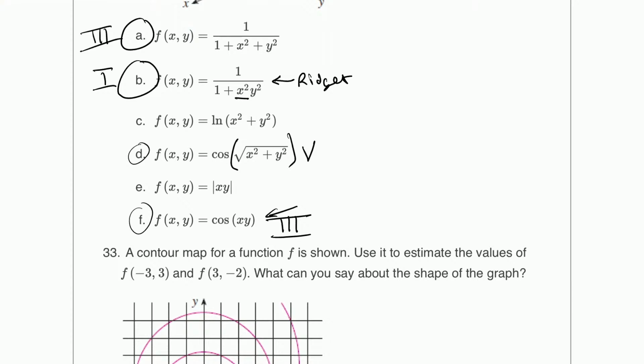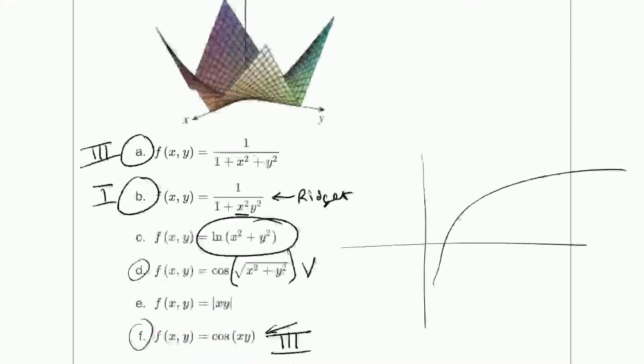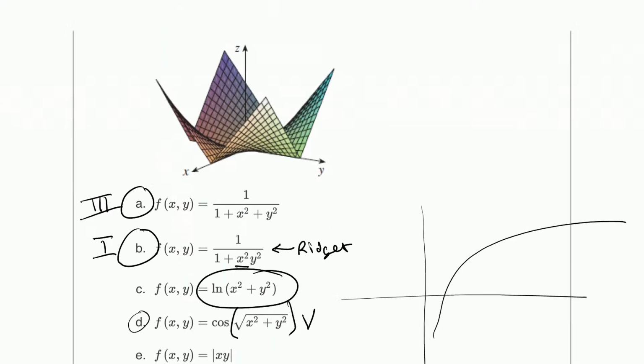That leaves us just with two to worry about. And let's pick on the natural log. Natural log gets bigger, but it gets bigger at a slow rate. And so here's what natural log looks like. So let's see, does anything look like that?